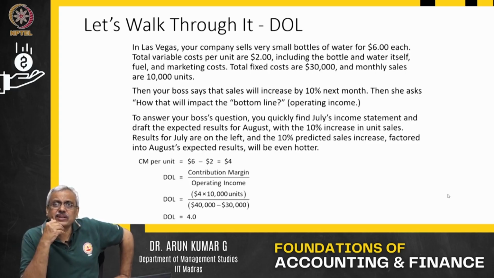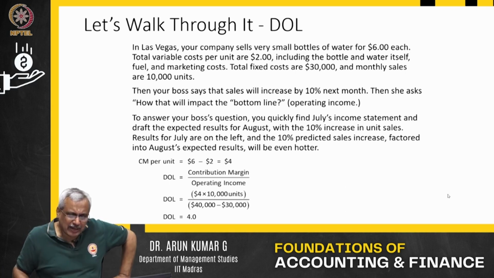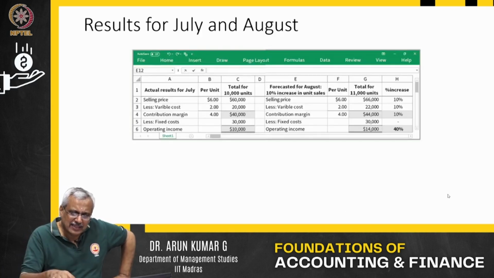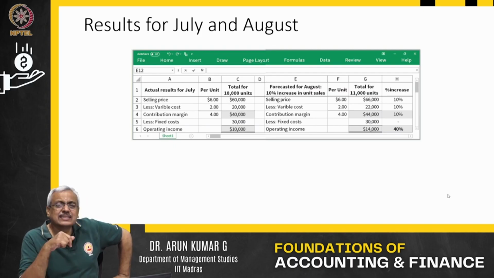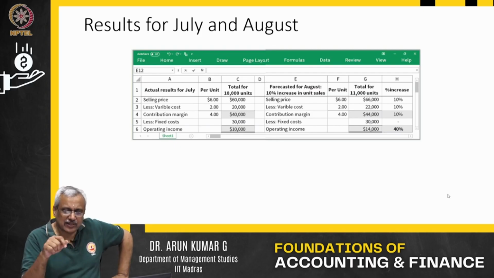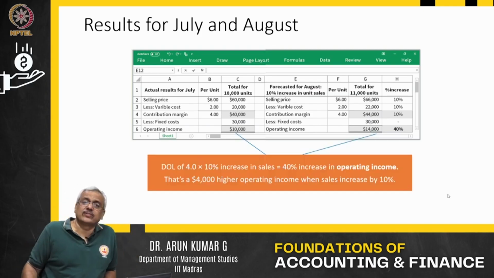Sir, how will it be 80%? Supposing you say in this case $6, 20% increase in sales means 12,000 units is the sales. 12,000 into 6. You can work it out that way and then calculate the operating income.